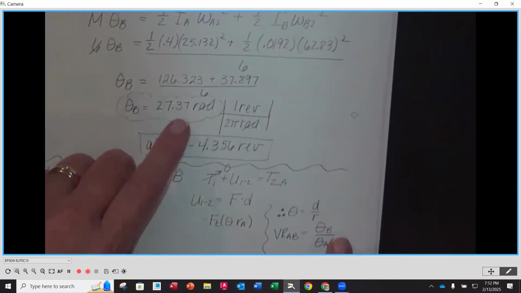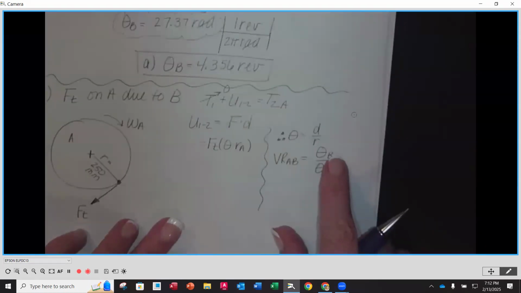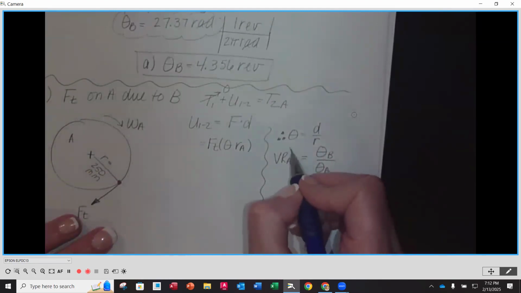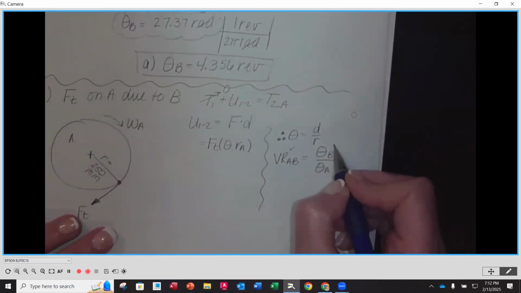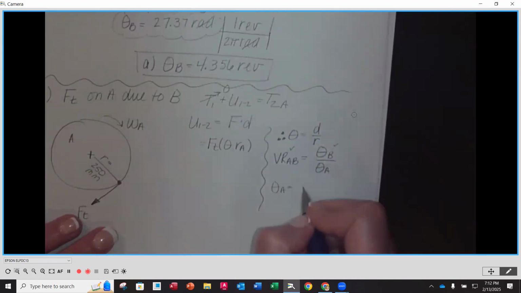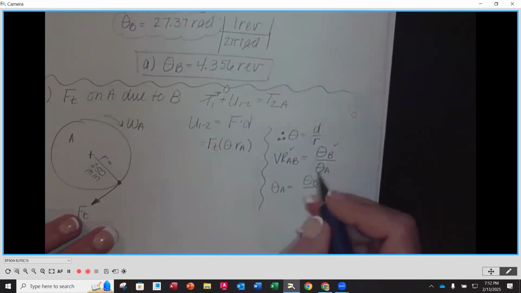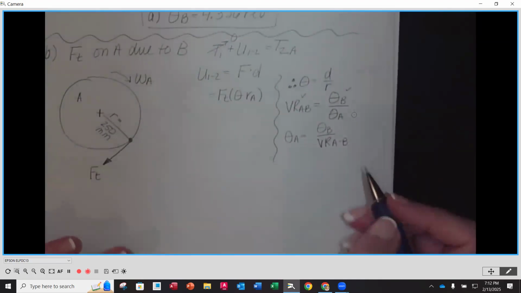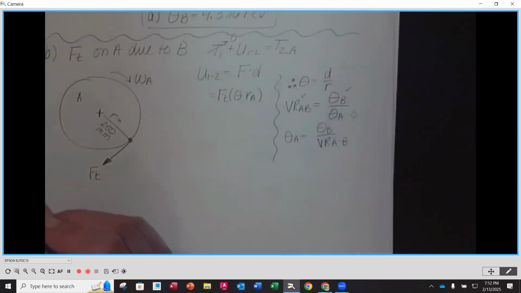So we're going to use that 27.37 for B. We have to find out what the radians are over here. What's the distance that this goes around on the circumference? We know our velocity ratio, we know our B. So we can say that theta A is going to be equal to theta B divided by the velocity ratio A to B. That's just rearranging via algebra.